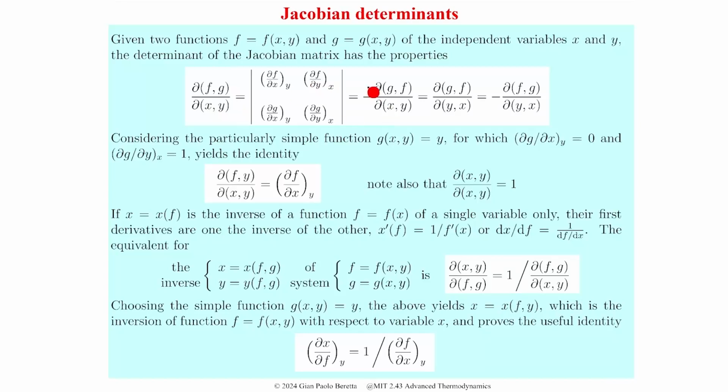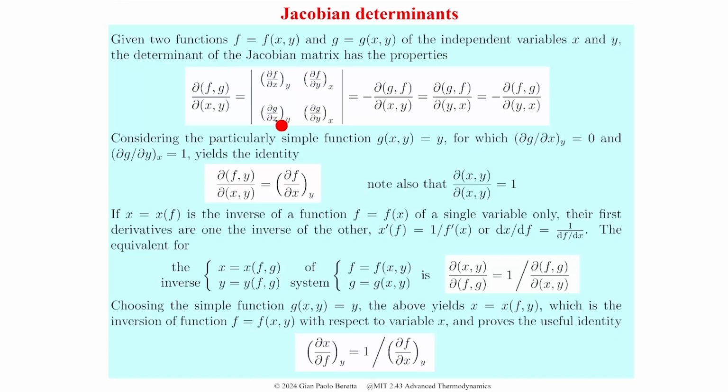And it has these properties which you can infer easily from the properties of determinants. You exchange a row, exchange a column, you change the sign, and so you can easily prove these relations. You can also notice that if one of the functions, like for example g, is the simple function g equals y, then the second row is just the derivative of y with respect to x.